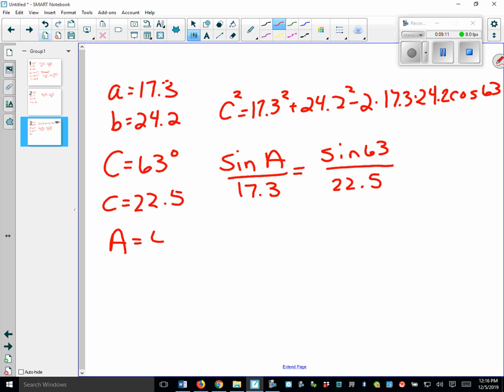43.2. You want to add something to that? The degree sign. Degrees. And I'm going to say that over and over today, hoping that will help you remember tomorrow. Now what are we missing?